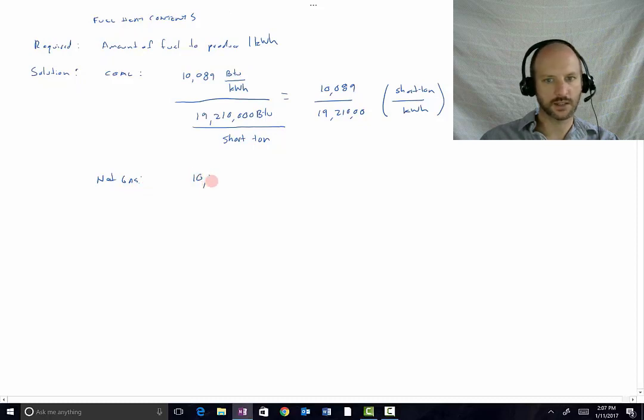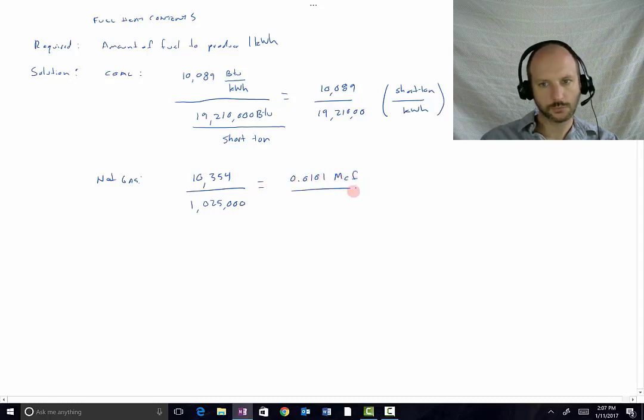So nat gas had a different heat rate. It was 10,354 BTUs per kWh, and we need to divide that by the energy content of the natural gas we're using, which was 1,025,000 BTU per MCF. And so that gives us 0.0101 MCF per kWh.